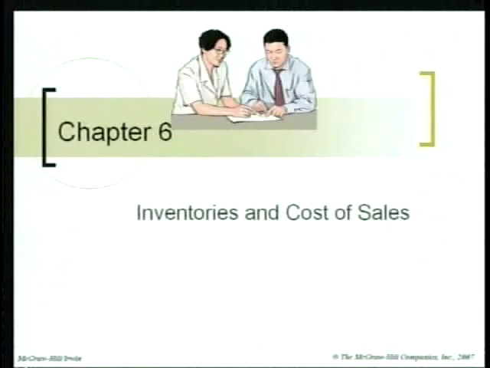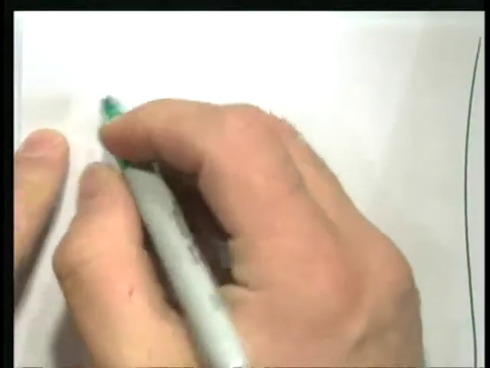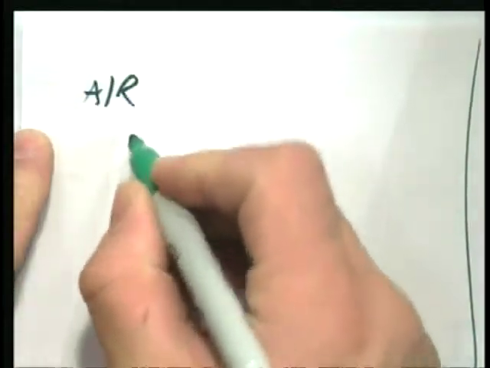Okay? We're just going to start this chapter. We're going to talk about chapter 6, inventories and cost of sales. Looking at the entries when we make a sale, what we do is we debit accounts receivable and we credit sales, right?